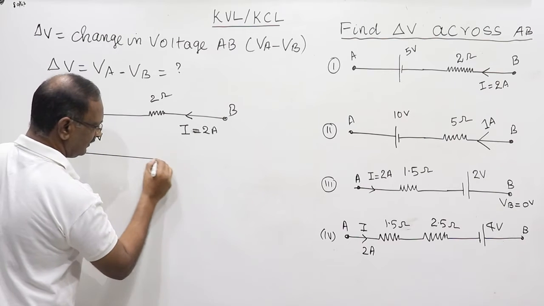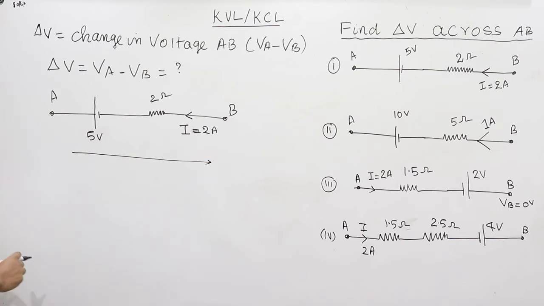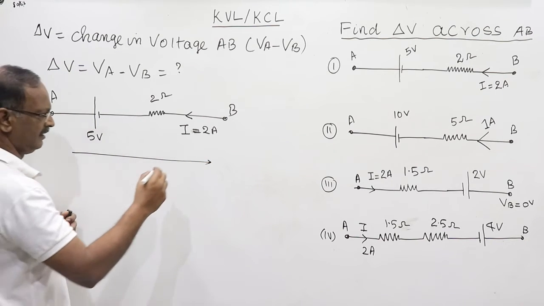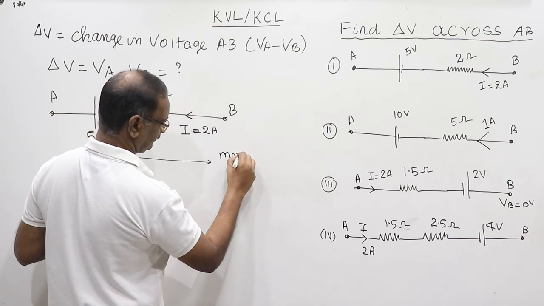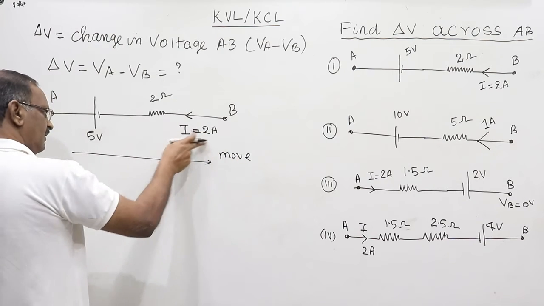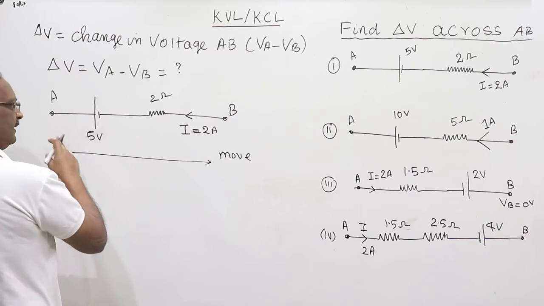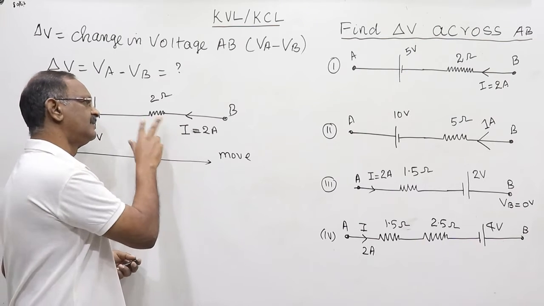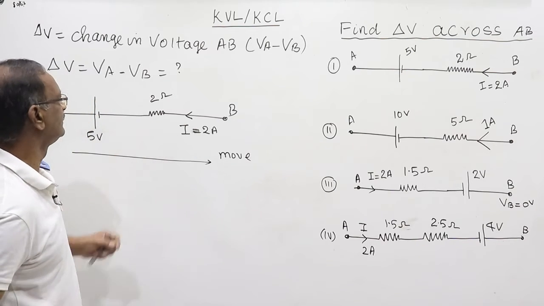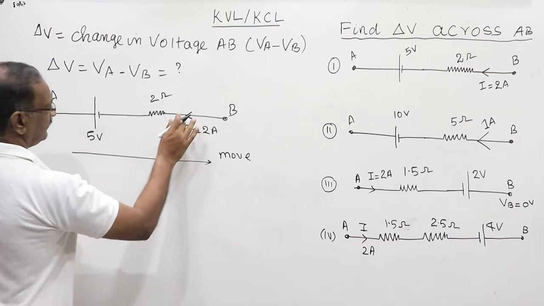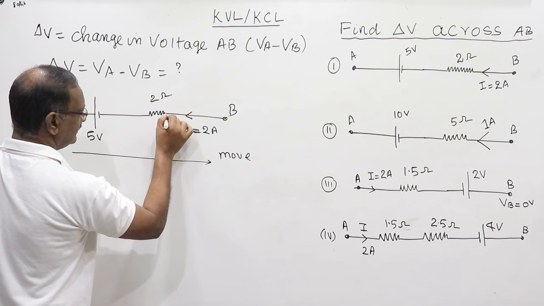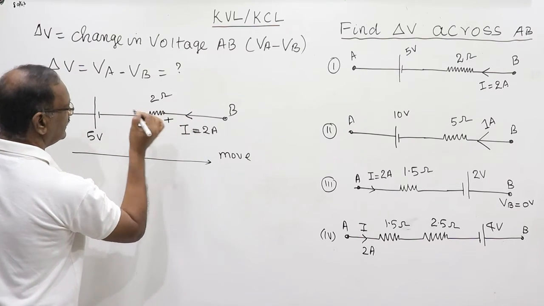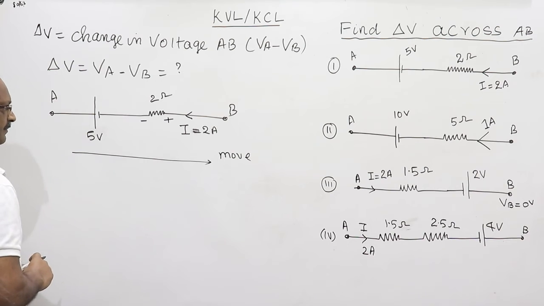Let us assume we move this way. See, current is flowing this way. It means it is counted current, higher potential, lower potential is counted only for resistor. Here, since current is flowing, this will be at higher potential, this will be at lower potential.